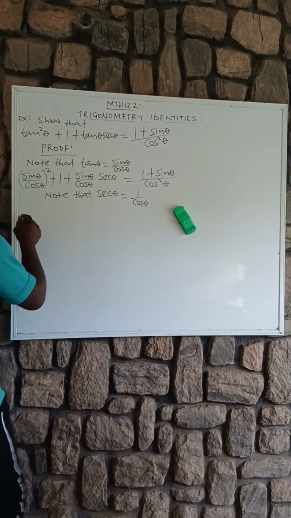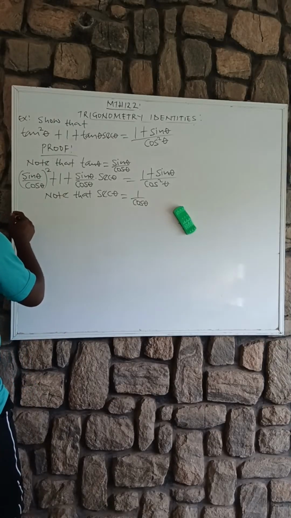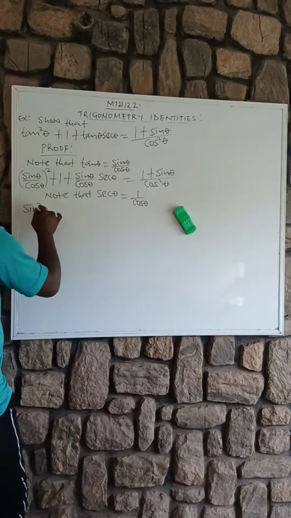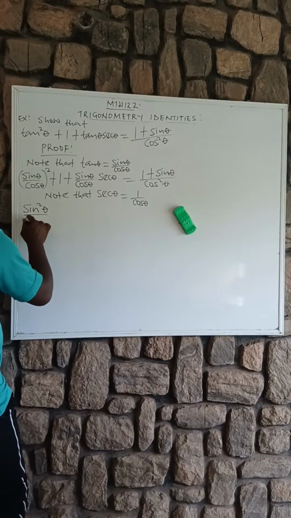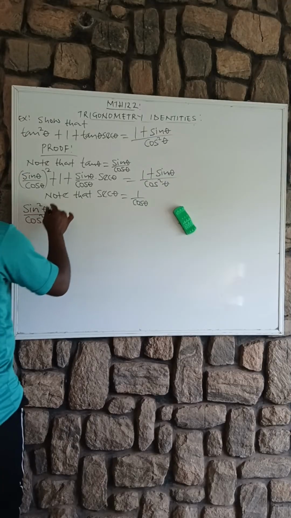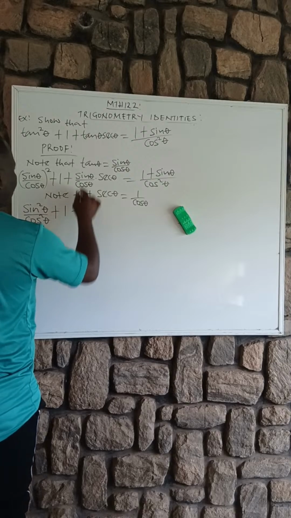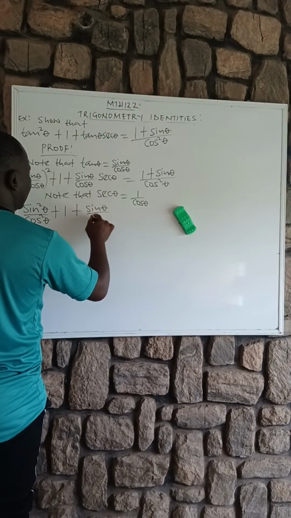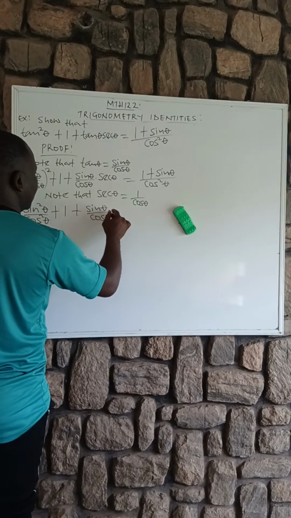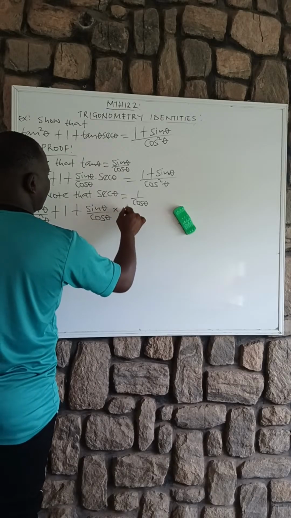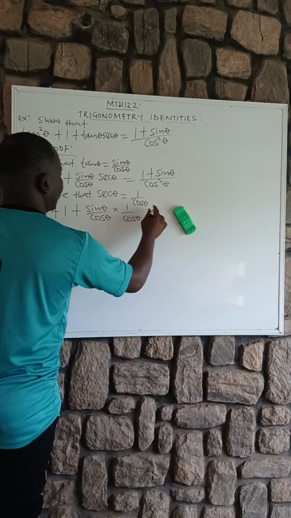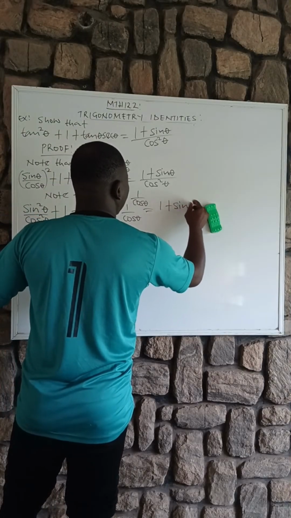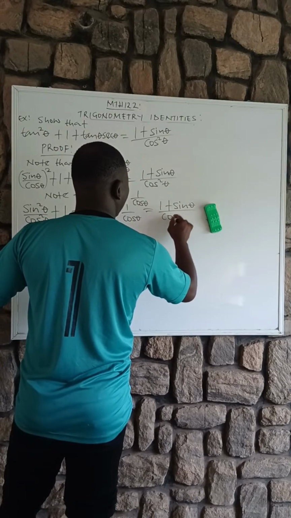So here we are going to have sine square theta all over cos square theta plus 1 plus sine theta all over cos theta times 1 all over cos theta, which is equal to the right answer, 1 plus sine theta all over cos square theta.